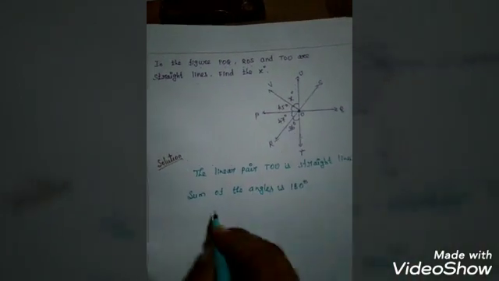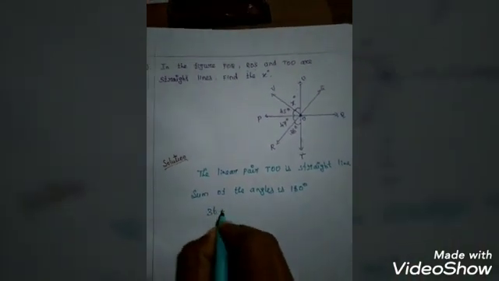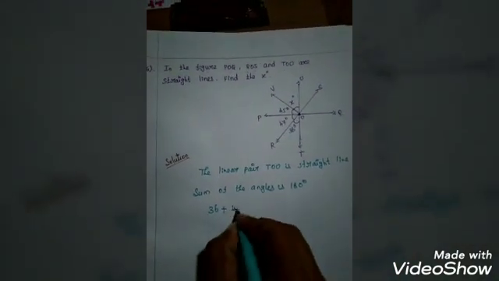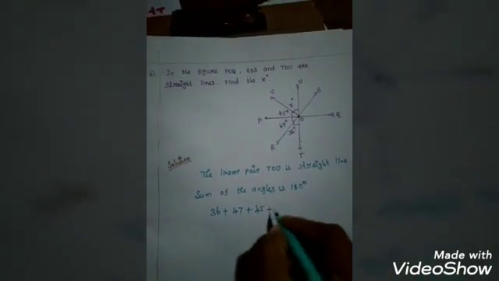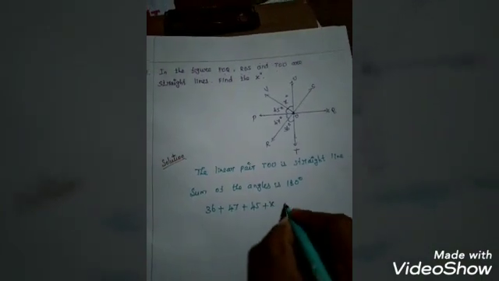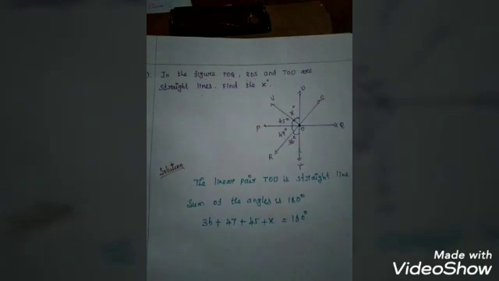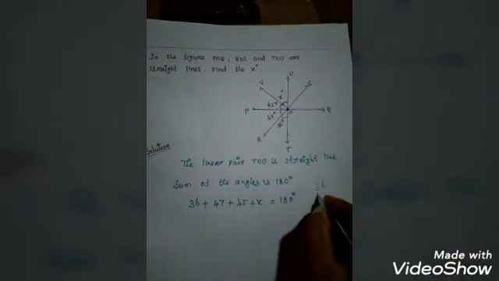So add the angles 36 plus 47 plus 45 plus x is equal to 180 degrees. Now we find the value of x. Do you understand? So sum the values 36, 47, 45.